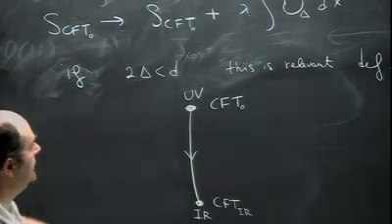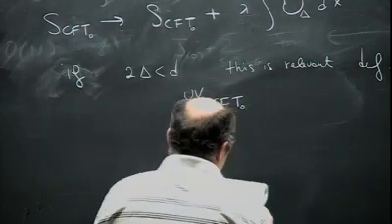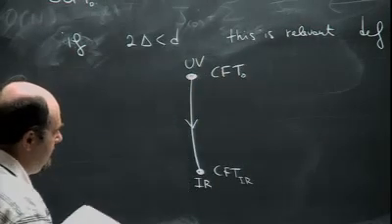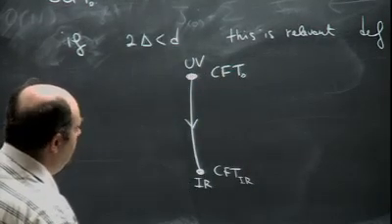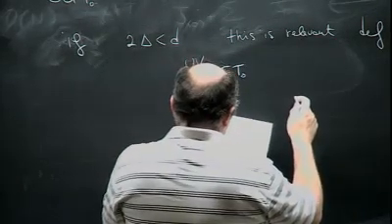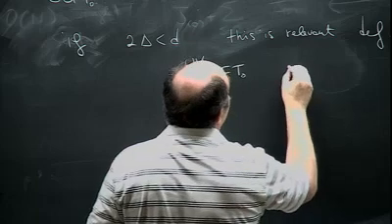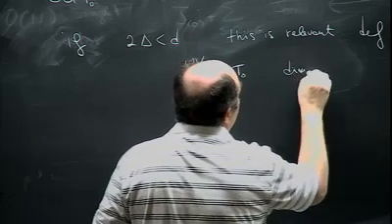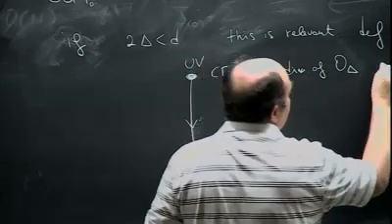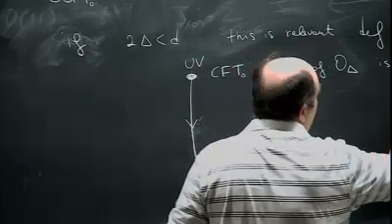There is a flow triggered by this, and the general result that you can derive from large n techniques, very similar to what I did in this specific example, is that the dimension of O delta in the UV is delta.